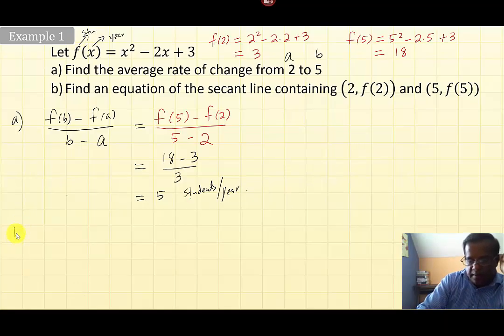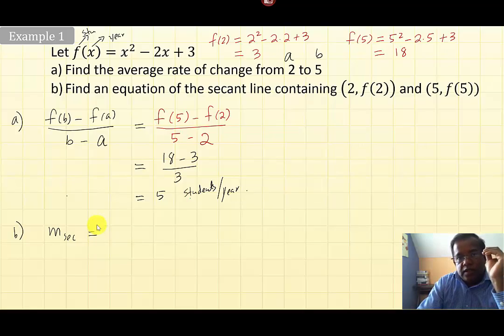So part B, find the equation of the secant line containing these 2 points. Now if you notice, these are the same 2 points. So therefore the slope of the secant line, which is the average rate of change of f from 2 to 5, is 5.